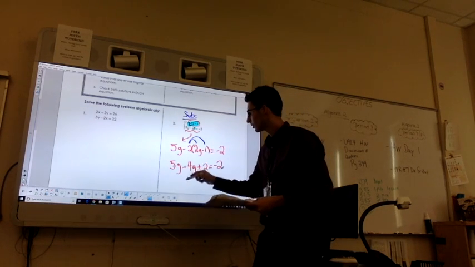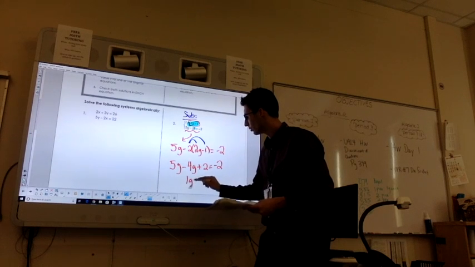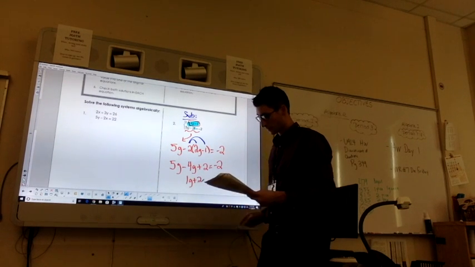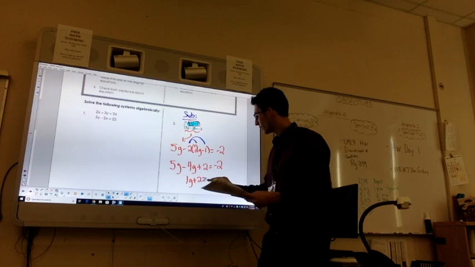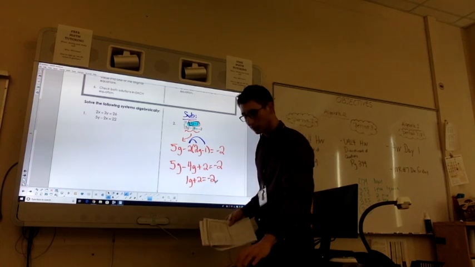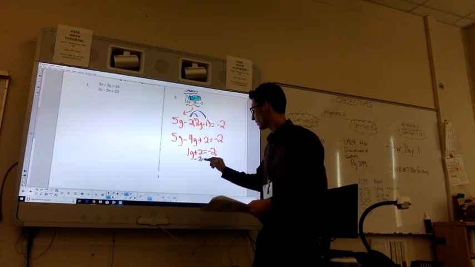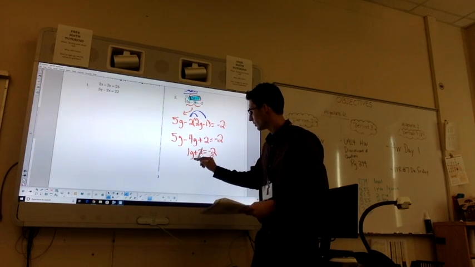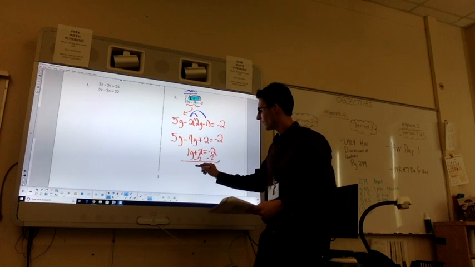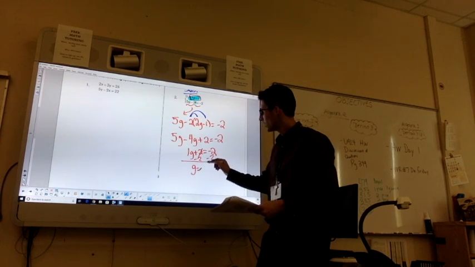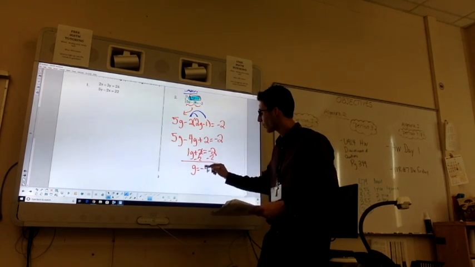Combine like terms, so 1g plus 2 equals negative 2. Okay, still solving for g. I'm going to subtract 2 from both sides. So then I'm left with g on this left side equals negative 4.